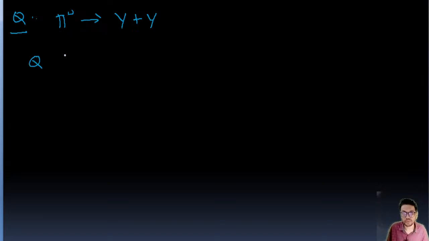So we'll check Q 0 0 0, conserved. Gamma is there, I told you the trick, that means electromagnetic interaction, but we'll solve it properly. Then baryon number 0 0 0, lepton number is 0 0 0.